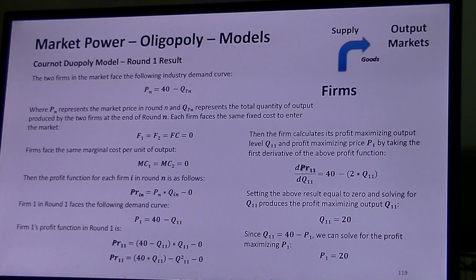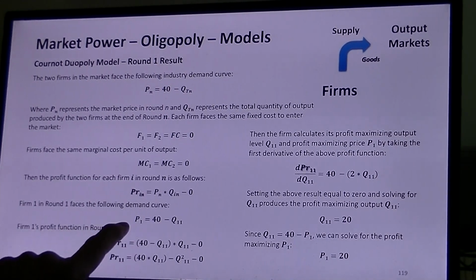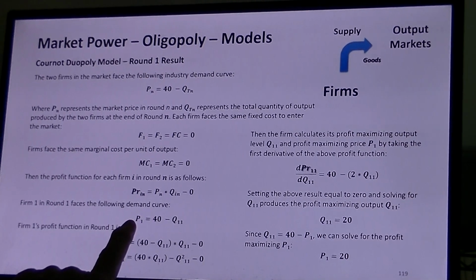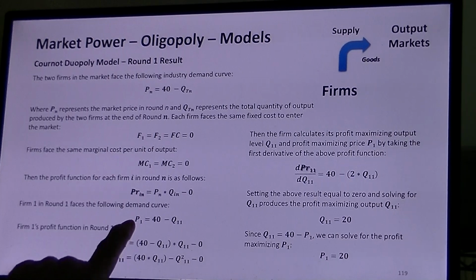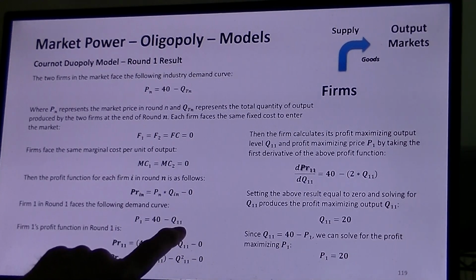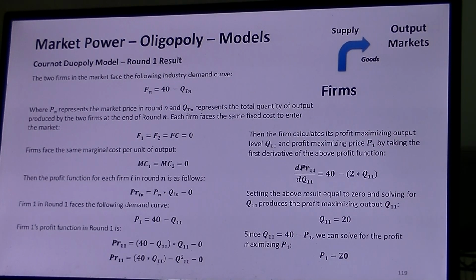Q11 equals 20. Since Q11 equals 40 minus P1, we take that initial function and substitute 20 where Q11 is 20. The price is P1 equals 40 minus 20. You can just do the math yourself. I think that'll help.